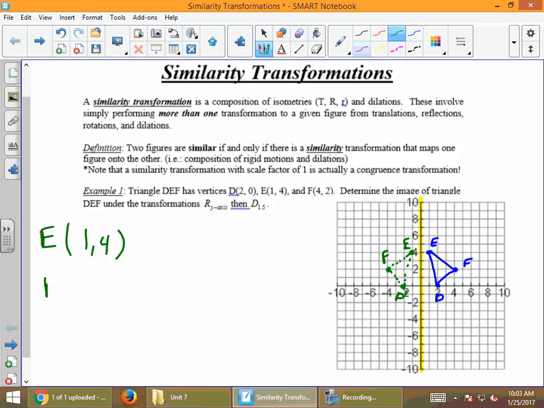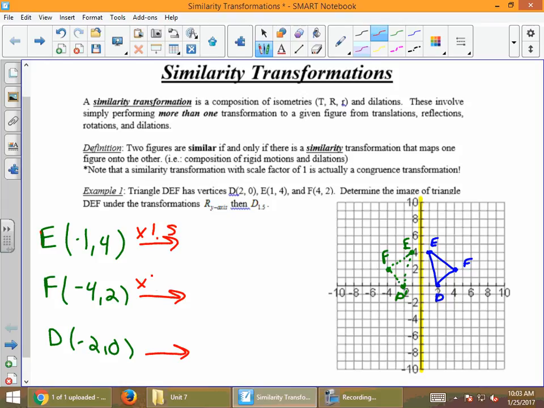F is -4, 2. And then D is -2, 0. Is it -1, 4? Thank you. And then you're just multiplying the whole point. Whenever you see a dilation, you're always multiplying by whatever your scale factor is.